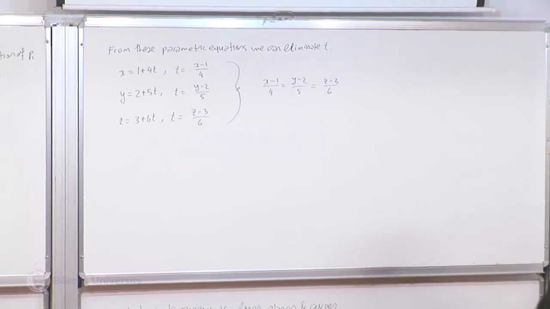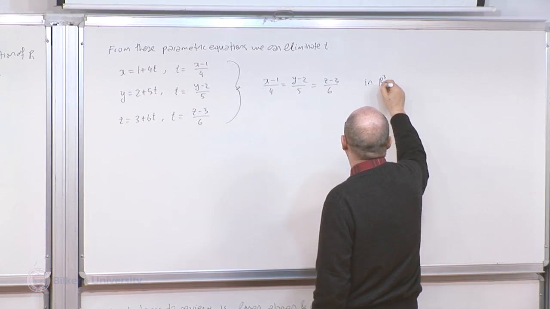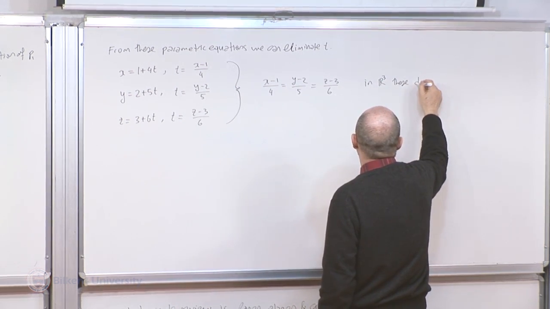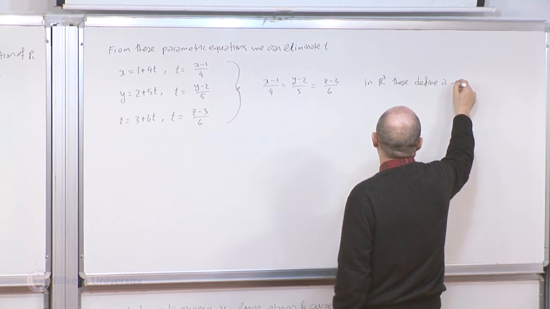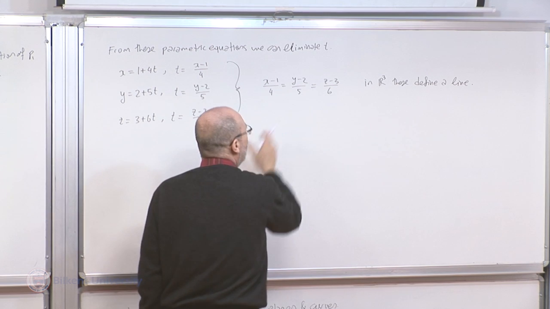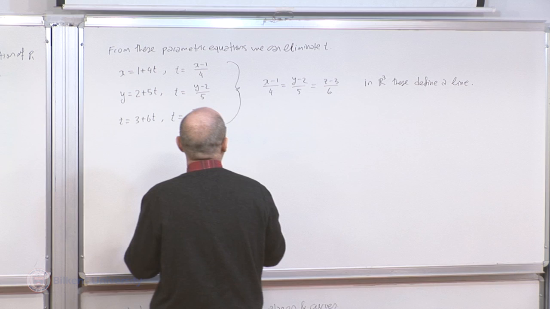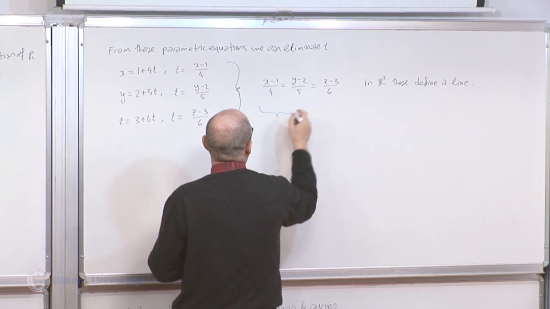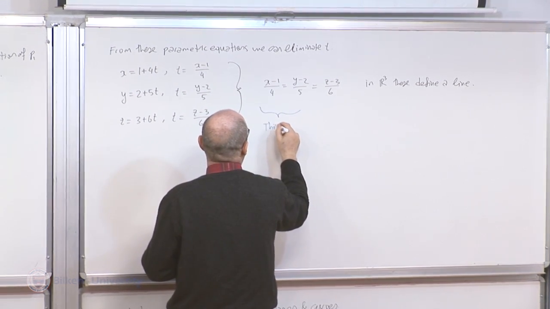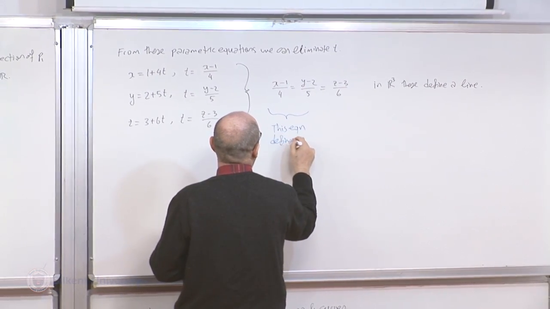Okay, so in R3, these define a line. If you take any two equations here, for example, I can take this equation, which defines a plane.